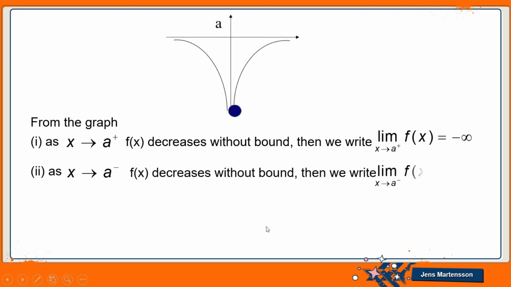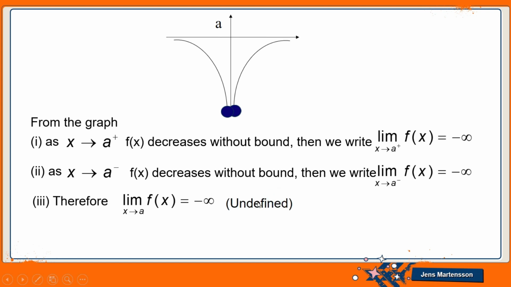Then we write limit f(x) when x approaches a from the left equal to negative infinity. Therefore, limit f(x) when x approaches a equal to negative infinity. So the limit is undefined.